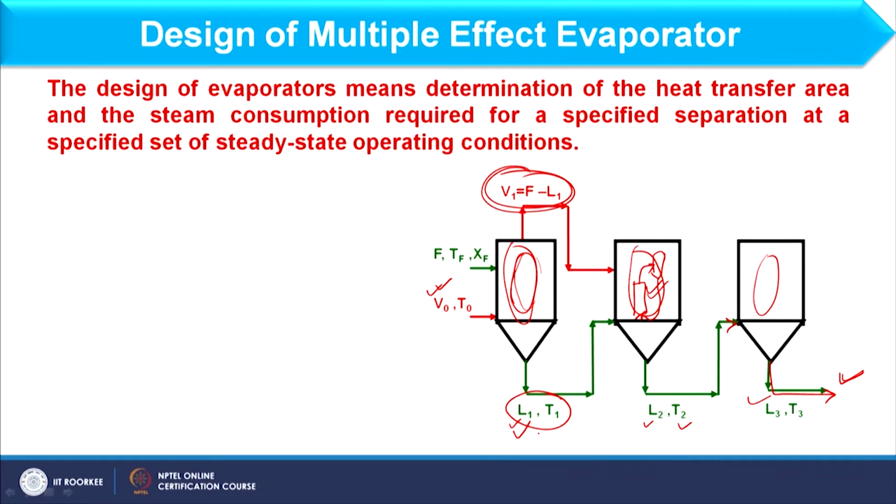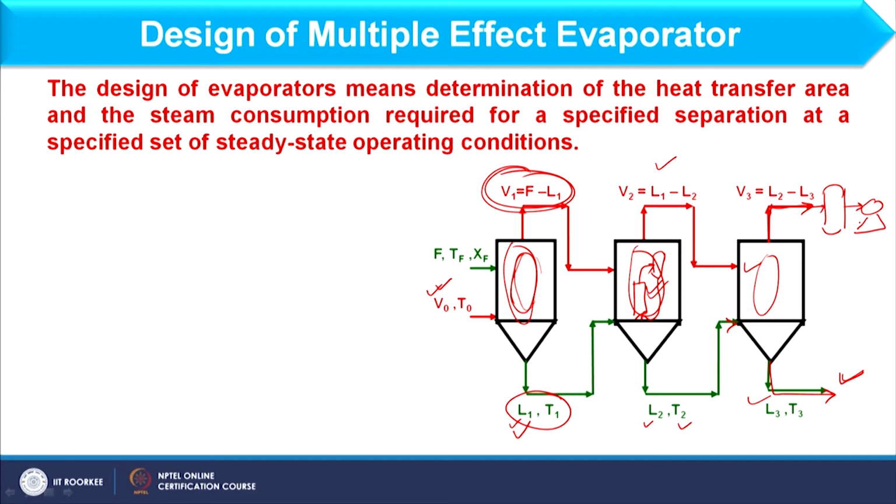Whatever vapor is generated in the second effect is used as a heating media in the third effect, and whatever vapor is generated in the third effect further enters into the condenser, and after that we have the vacuum unit.